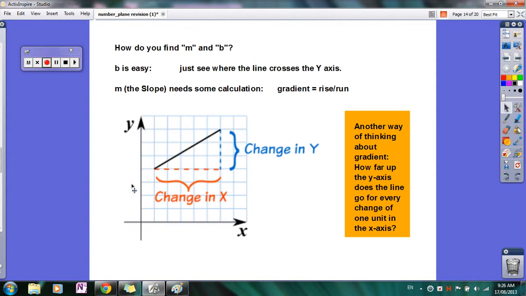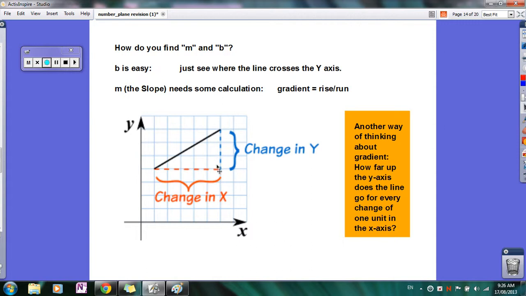The way mathematicians do it is they calculate the rise over the run. This line here has a certain slope. I can express that slope or gradient by drawing a little triangle underneath it, finding out how much y changes.